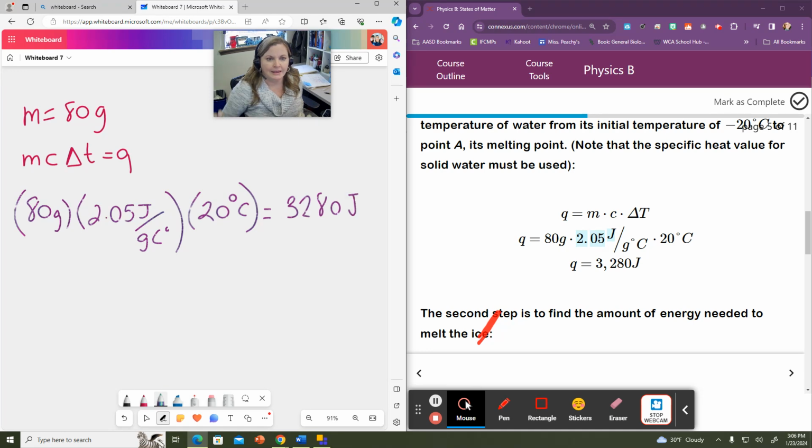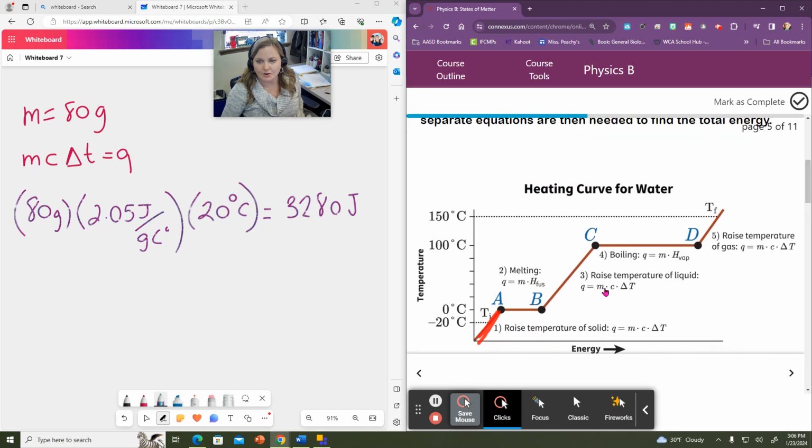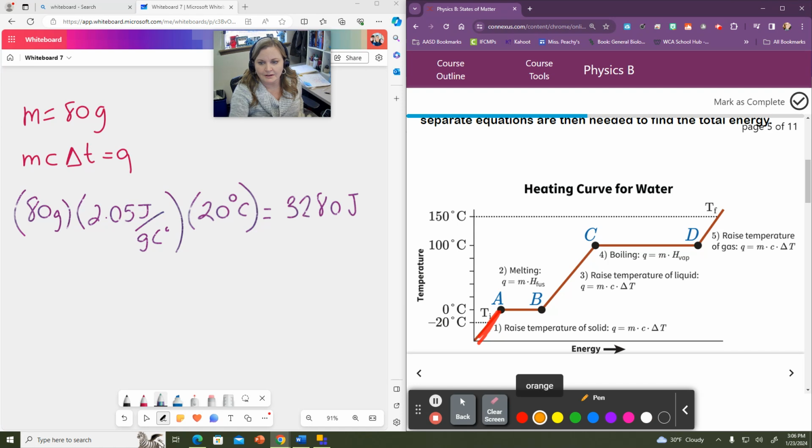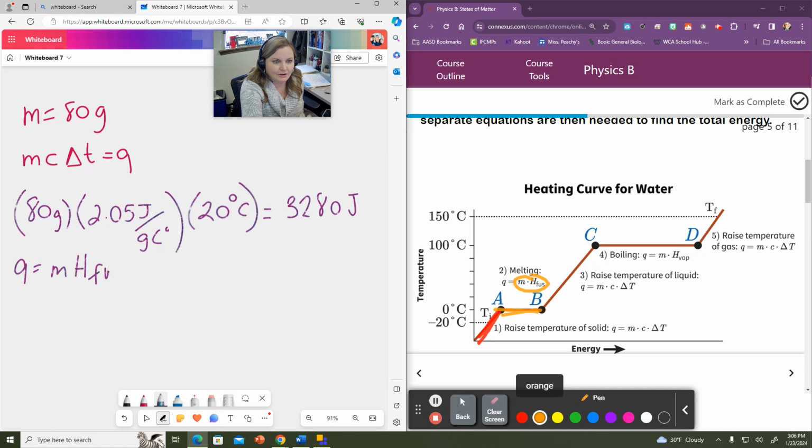Okay, and then the next step is to take into consideration this here, because the temperature is not changing, so you can't use MC delta T. You have to use the heat of fusion, which is this equation. So we're going to use Q equals M H fuse.